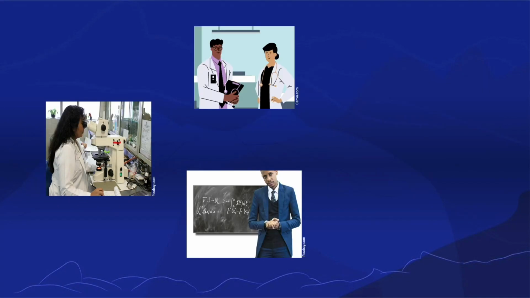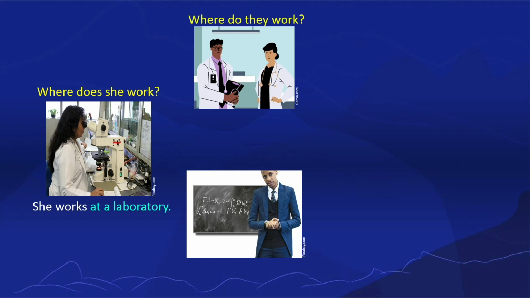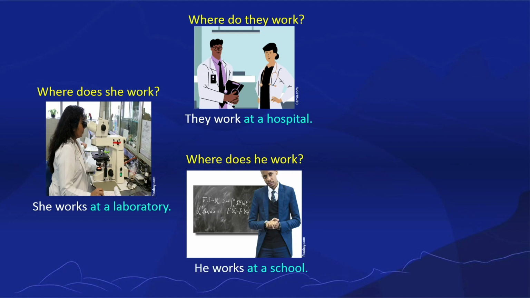Now, students, pay attention. Where does she work? She works at a laboratory. Where do they work? They work at a hospital. Where does he work? He works at a school. Where does she work? Where do they work? Where does he work?